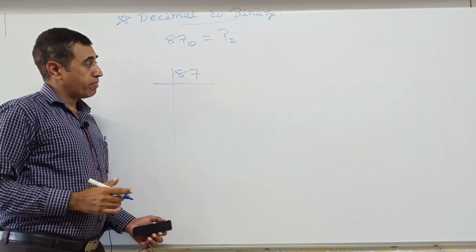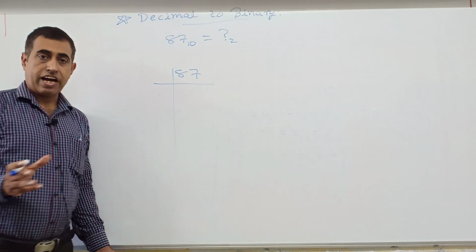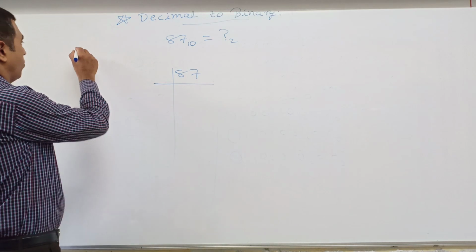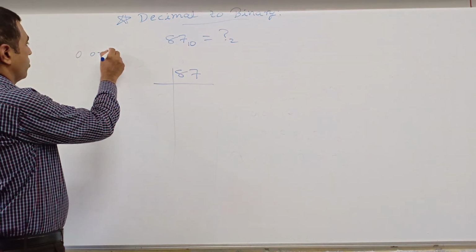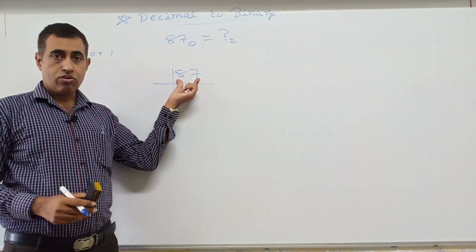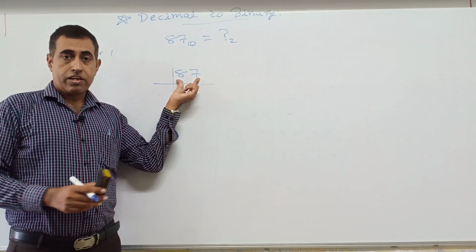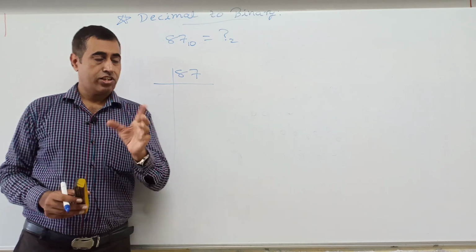Whenever you divide any number by 2, as a remainder you get either 0 or 1. If it is an odd number, you will get remainder 1, and if it is an even number, you will get remainder 0.